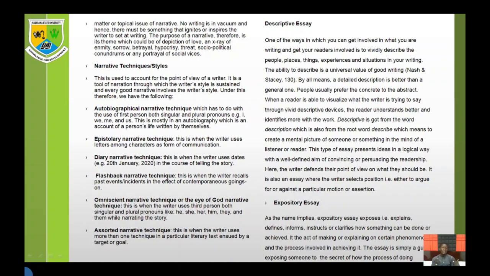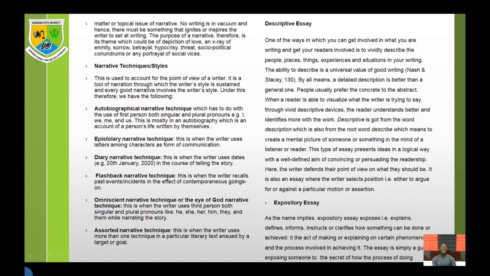So when you are using these personal pronouns, we see that you are using the autobiographical narrative technique, especially if the narrative essay is an autobiography. An autobiography is an example of non-fiction, and non-fiction is a story that is not written based on the writer's imagination, but written based on reality or fact or even truism.